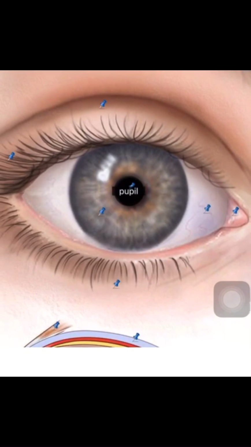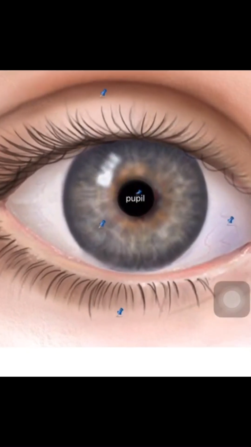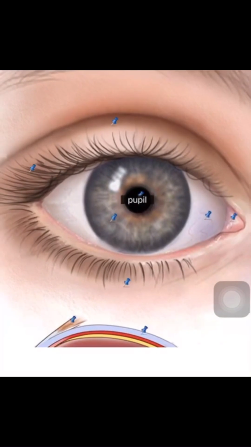Light enters our eye through this pupil, and the iris also divides the anterior segment into two parts, the anterior chamber and the posterior chamber.